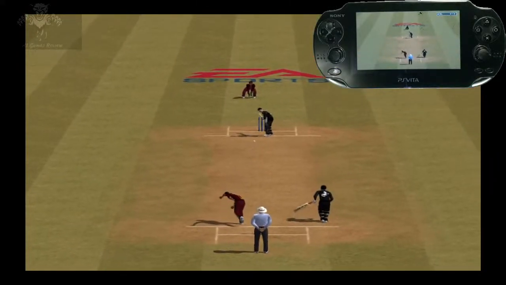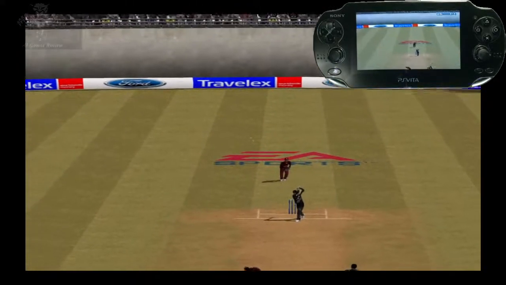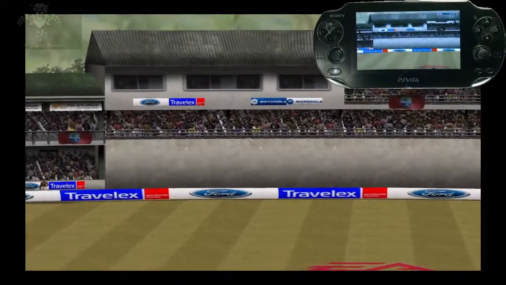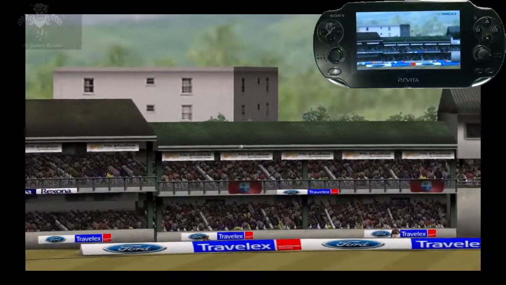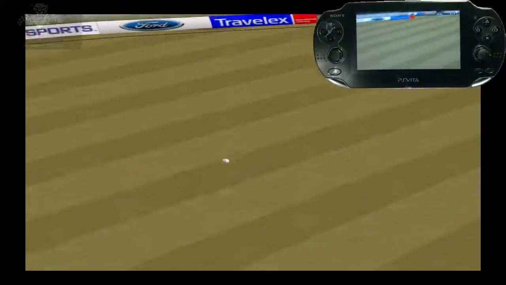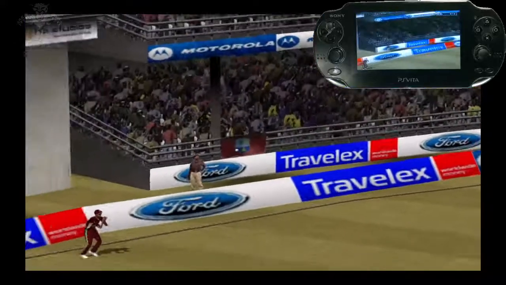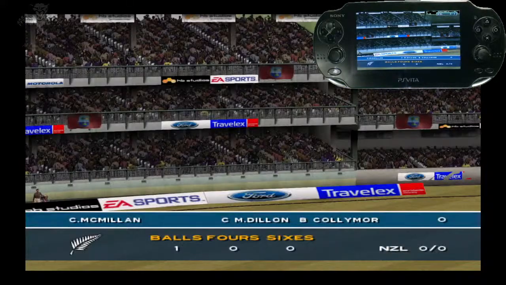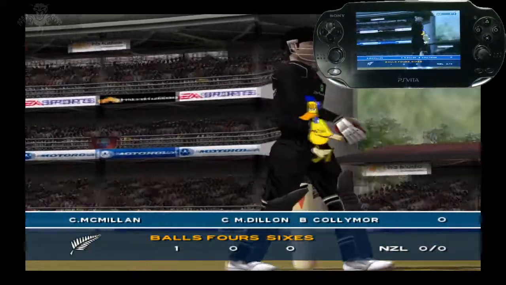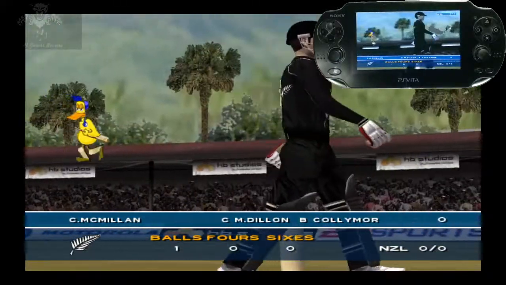This is how the innings ended for Miller. McMillan goes for a duck. He's back in the pavilion with a big round 0 to his name.